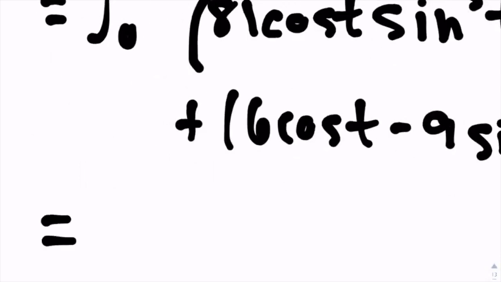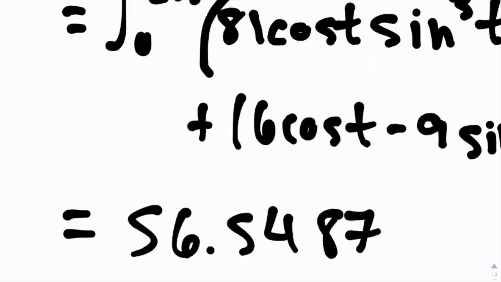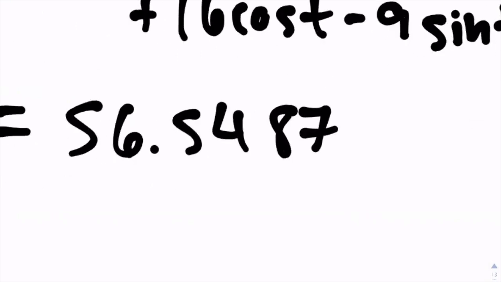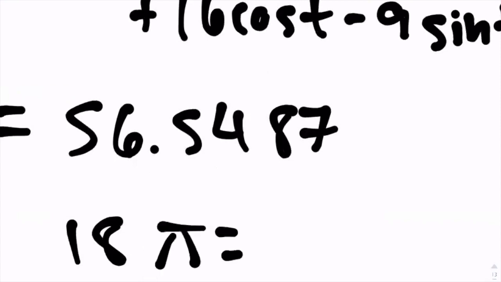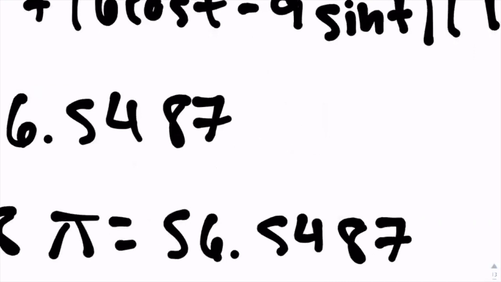When we do this, the result we get is 56.5487, which, lo and behold, we know that 18 pi is equal to 56.5487.